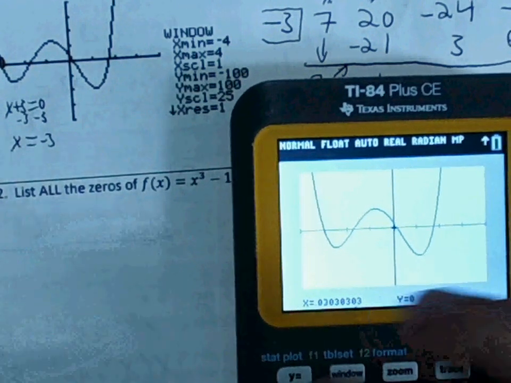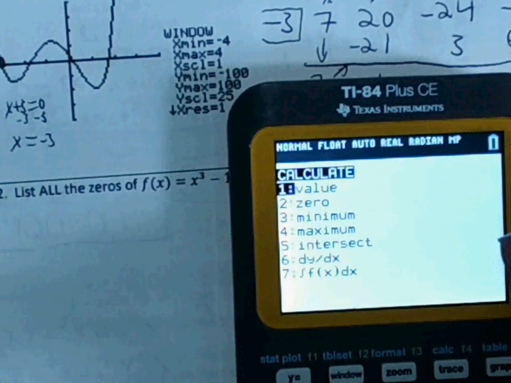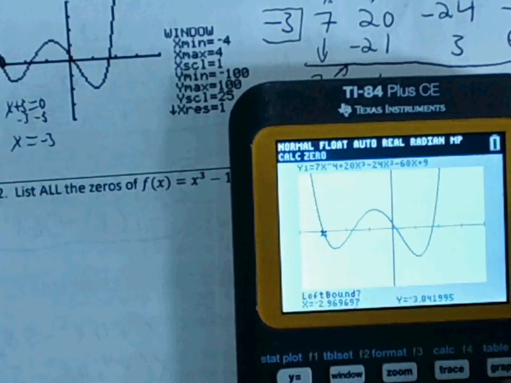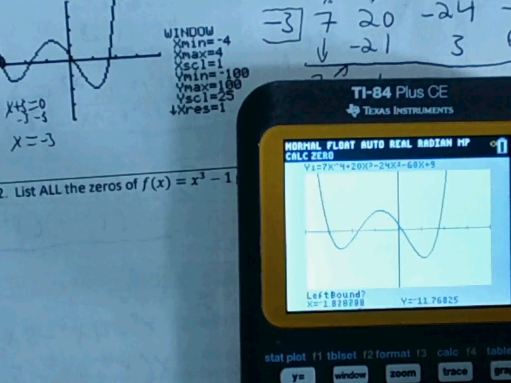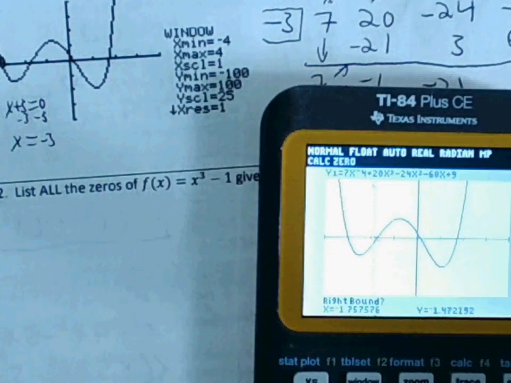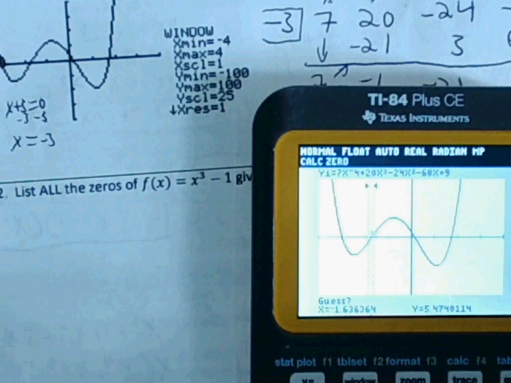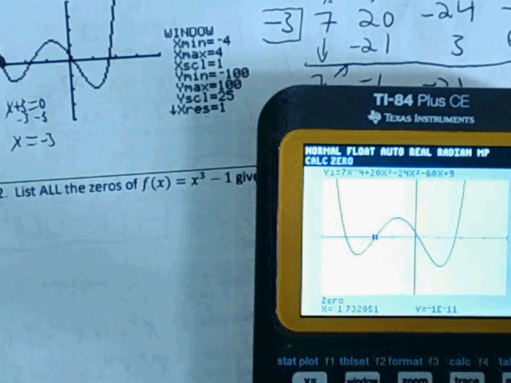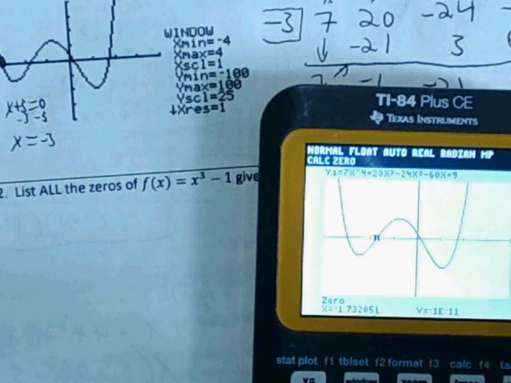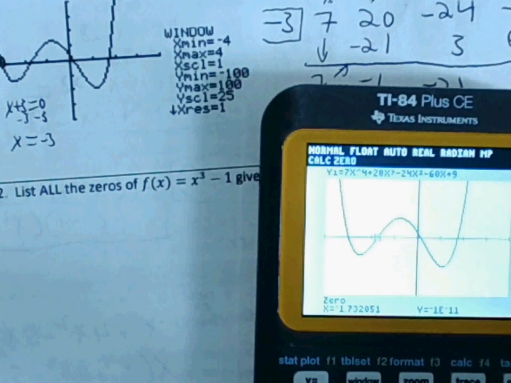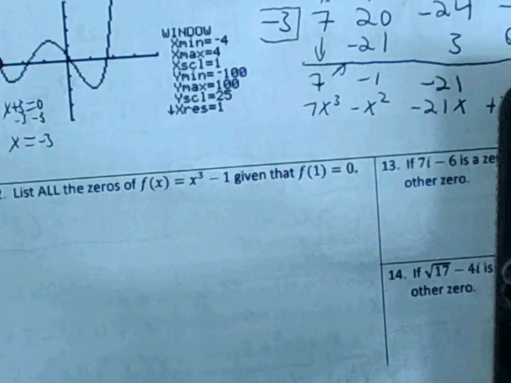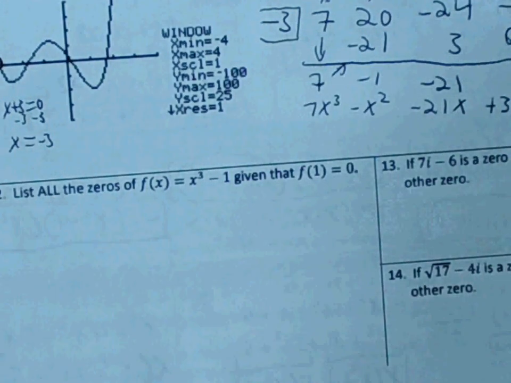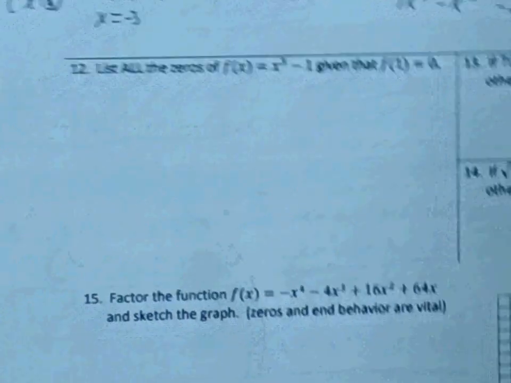You can calc your zeros and get your values. Alright, so that would be a 0 at negative 1.732 about. But let's keep going. I'll go back to 11 if I have to.